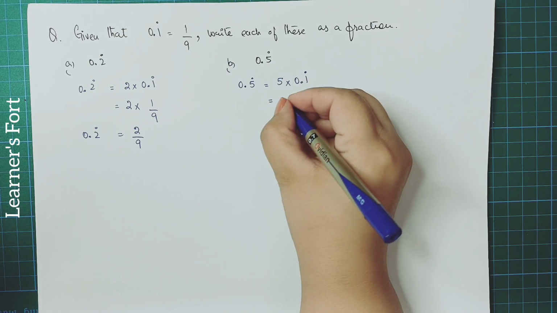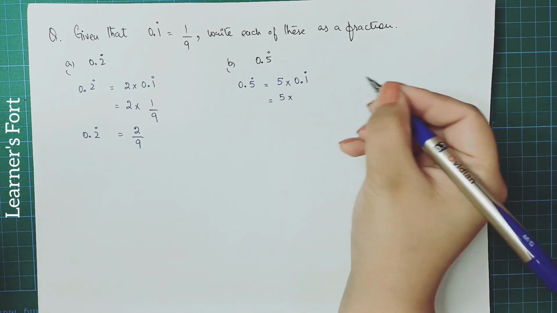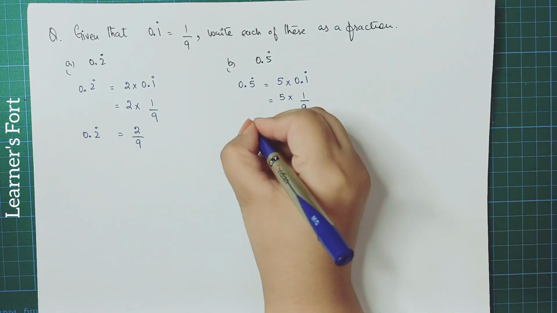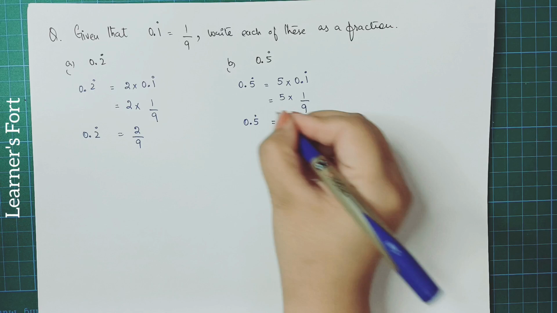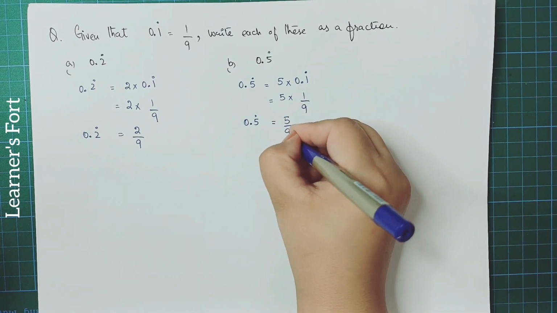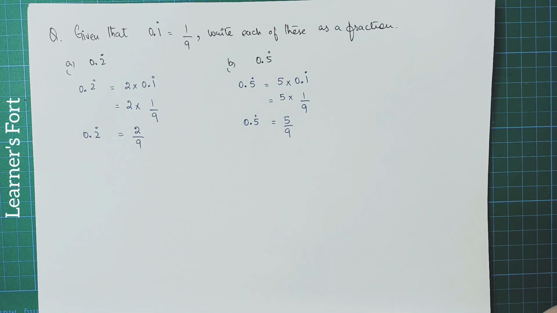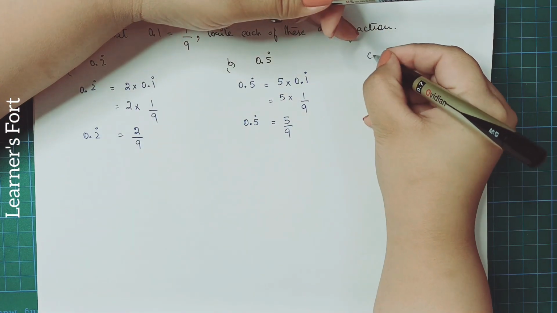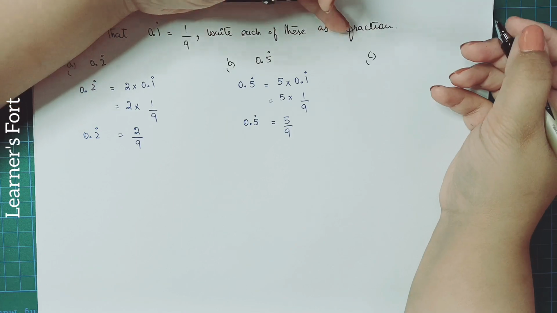Now, instead of 0.1, we can also write 1 upon 9. So 0.5 dot can also be written as 5 upon 9. Okay, let's have a look at another example. I hope it will help you to understand it better.